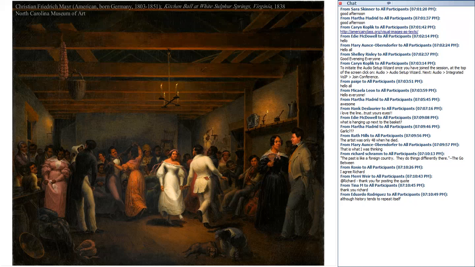But scenes of everyday life were very popular, not just in the United States, but in Europe during the 19th century. They often focused on lower middle class and lower class subjects.